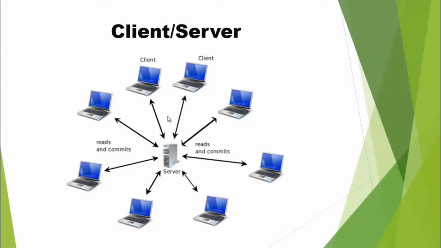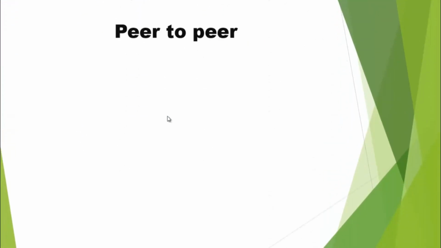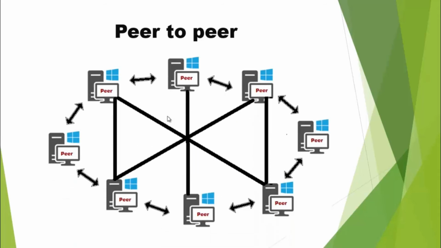The next architecture we have is peer to peer network. What is meant by peer to peer network? In a peer to peer network all the computers are connected with each other and have the same status, either server or client.